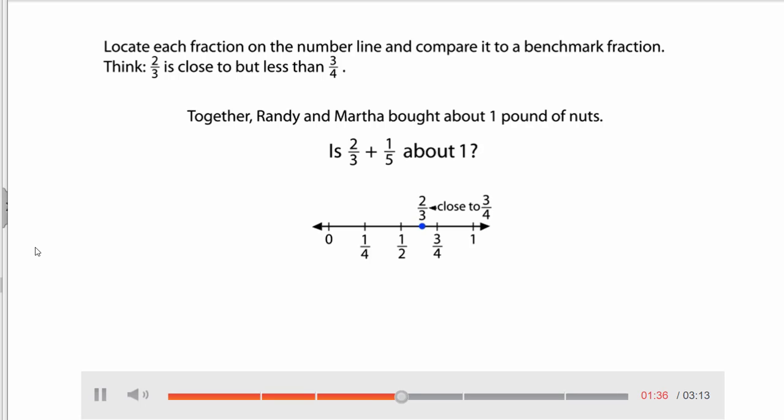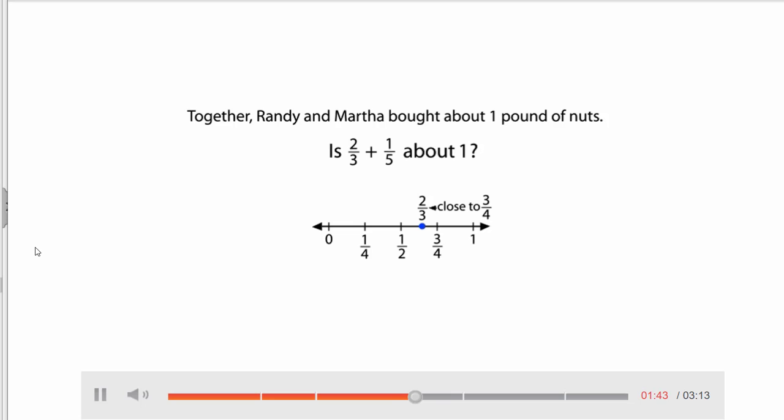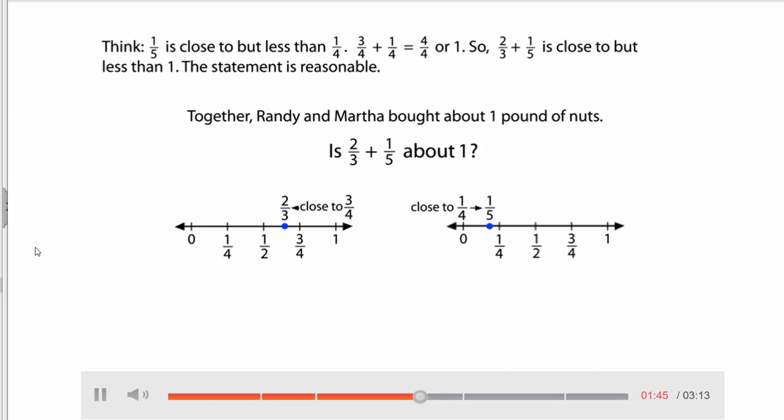Think: 2/3 is close to but less than 3/4. Think: 1/5 is close to but less than 1/4. 3/4 plus 1/4 equals 4/4 or 1. So 2/3 plus 1/5 is close to but less than 1. The statement is reasonable.